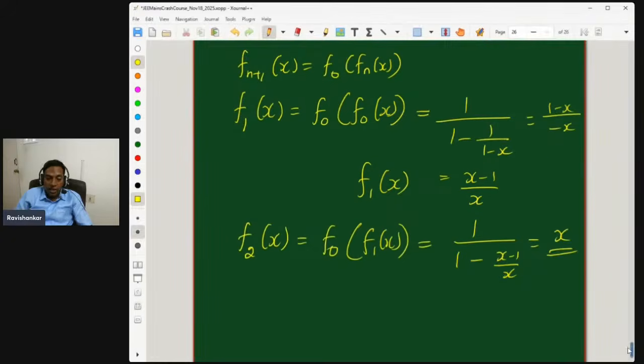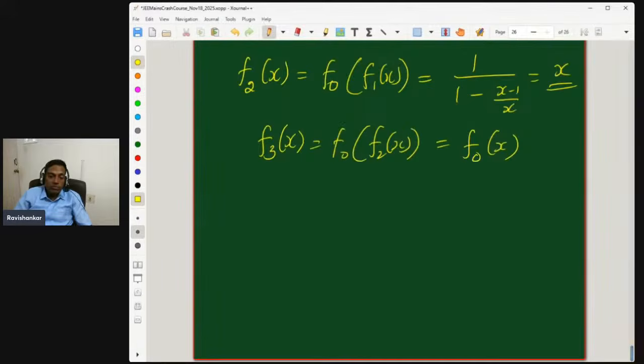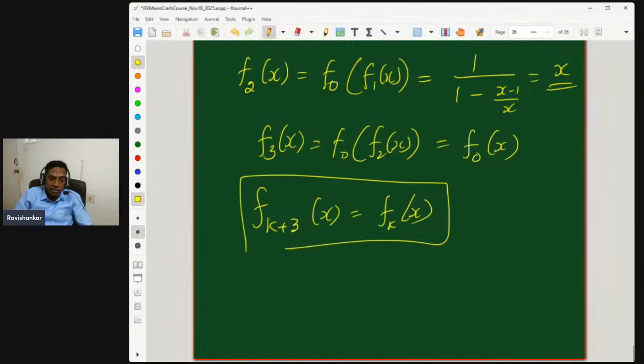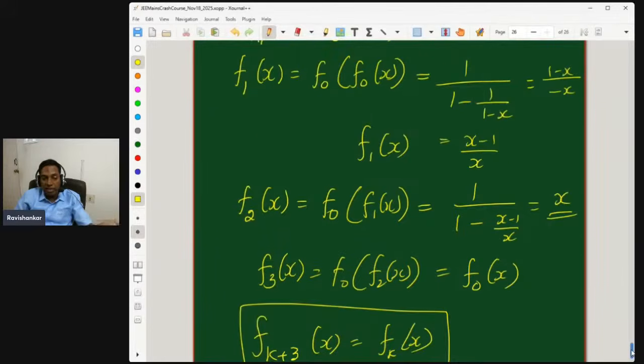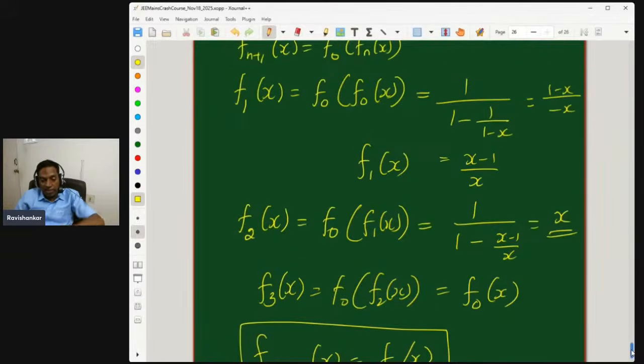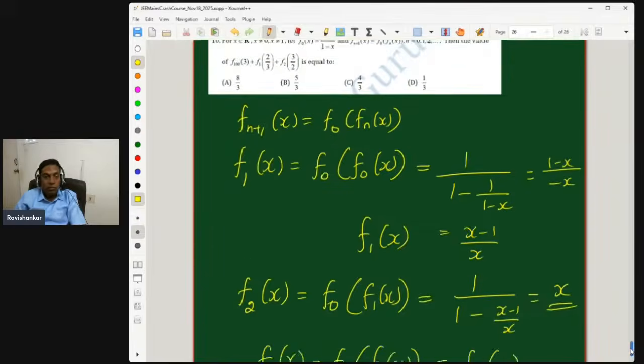So f3 is f naught of f2, which is f naught x. So you will find that f(k plus 3) of x is fk of x. f0 is f3, f1 is f4, f2 is f5. Again f3 is f6, which is the same as f0.